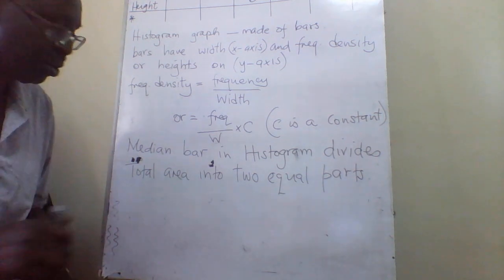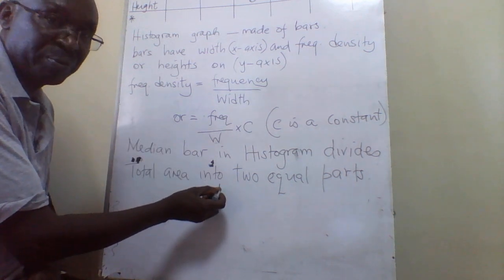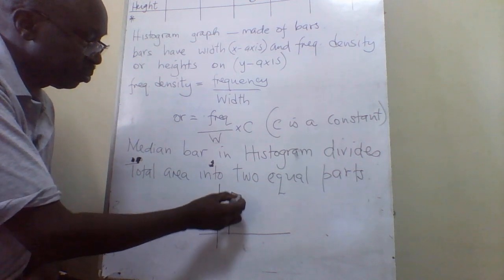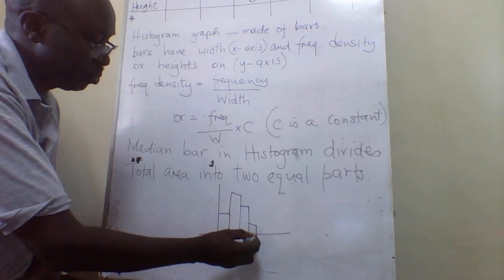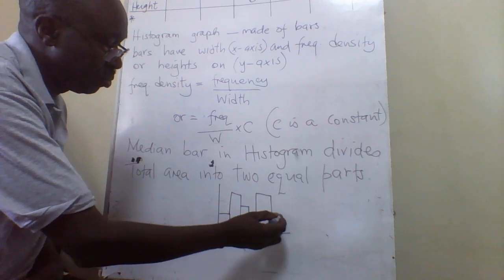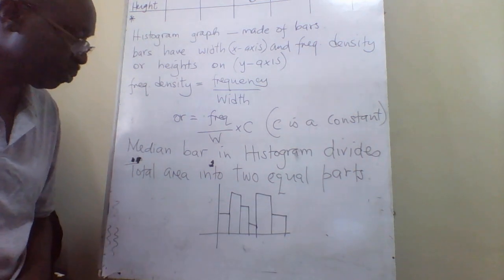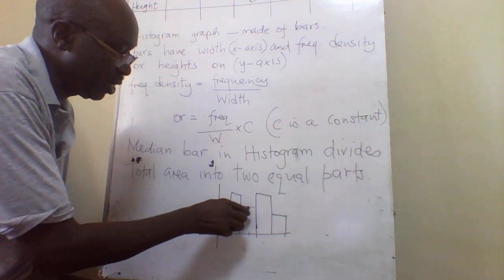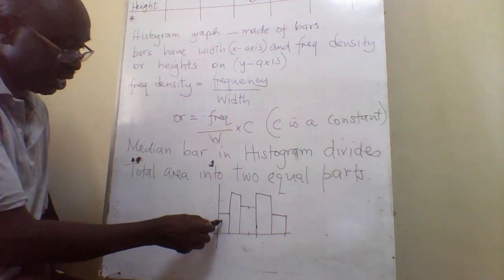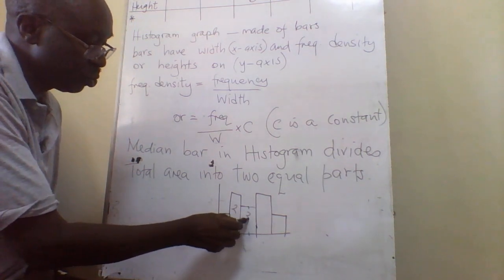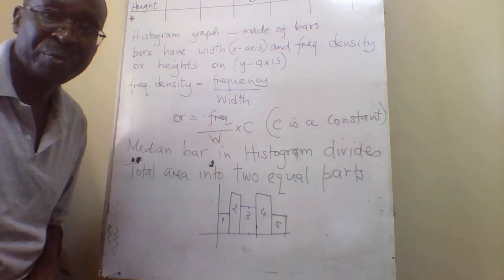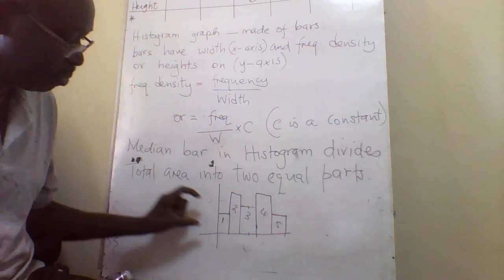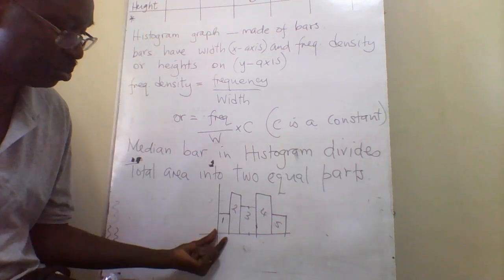For example, if we have our histogram like this, with bars 1, 2, 3, 4, 5, these bars are made of height times width.